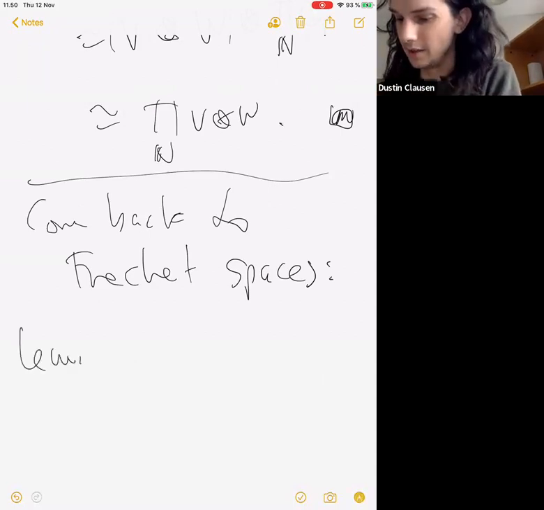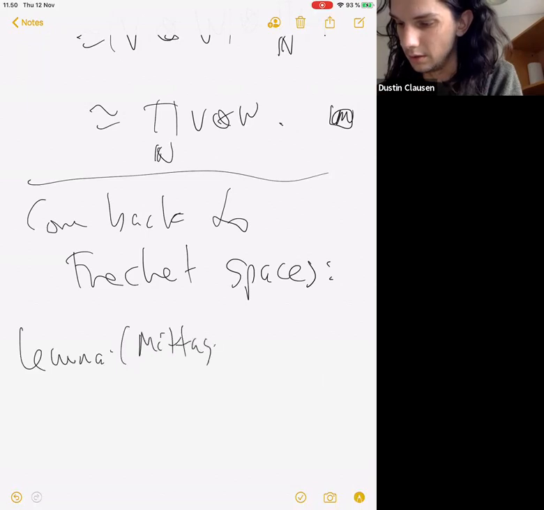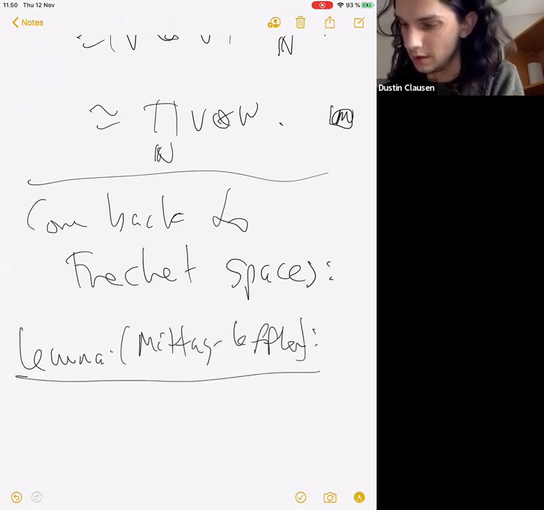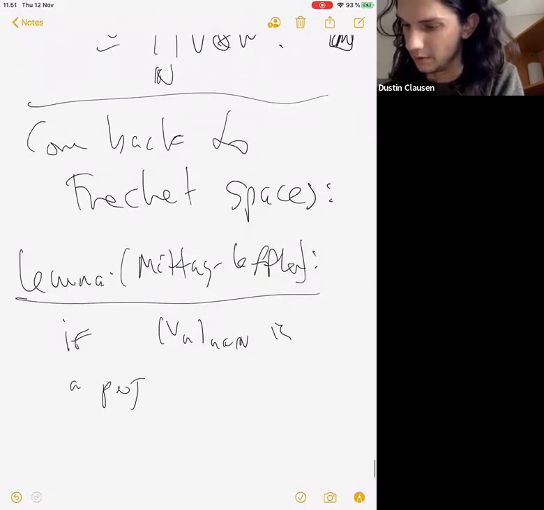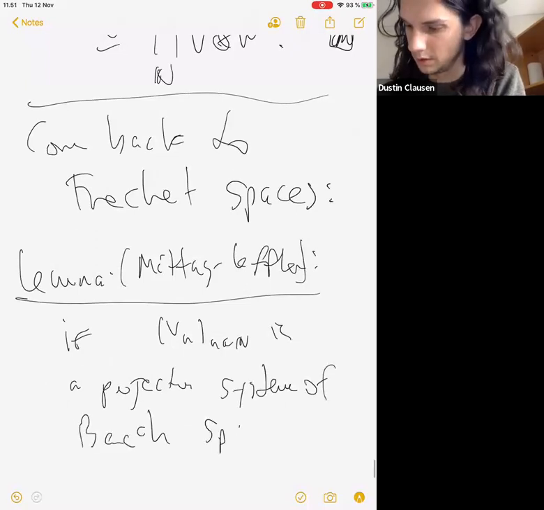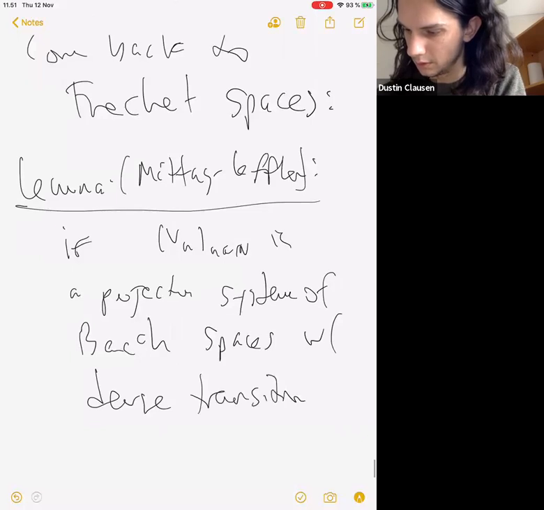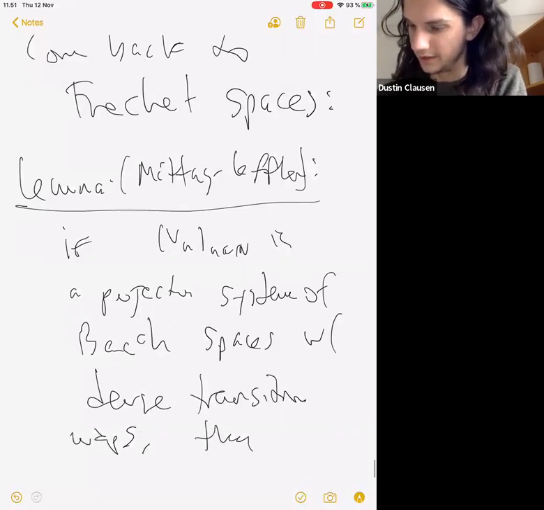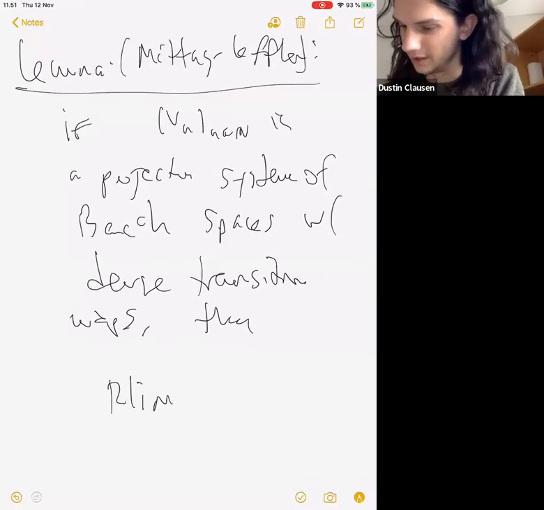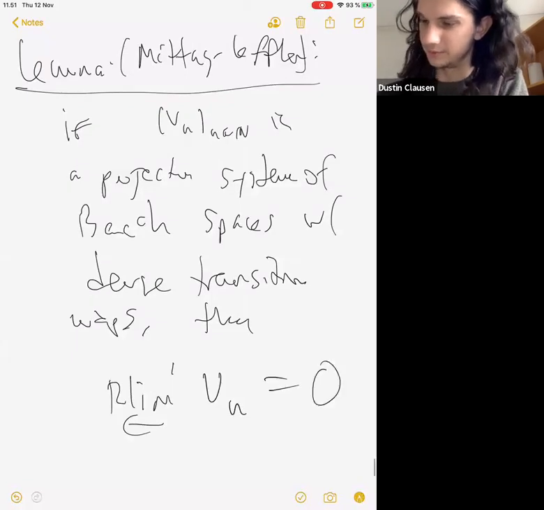So the main lemma is Mittag-Leffler. If Vn is a projective system of Banach spaces with dense transition maps, then, I'll write it like this, R lim 1, or as it's just called, lim 1, of Vn equals 0.